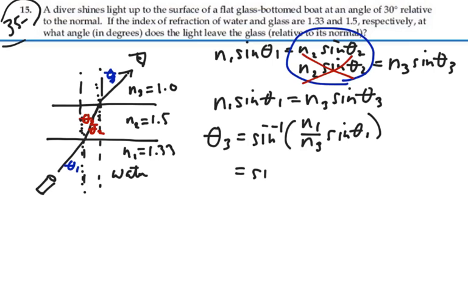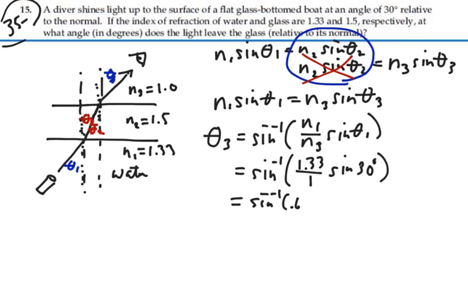So it'll be inverse sine of 1.33 over 1 times sine of 30 degrees incident. So that is equal to the inverse sine of 0.665, which would be equal to 41.7 degrees.